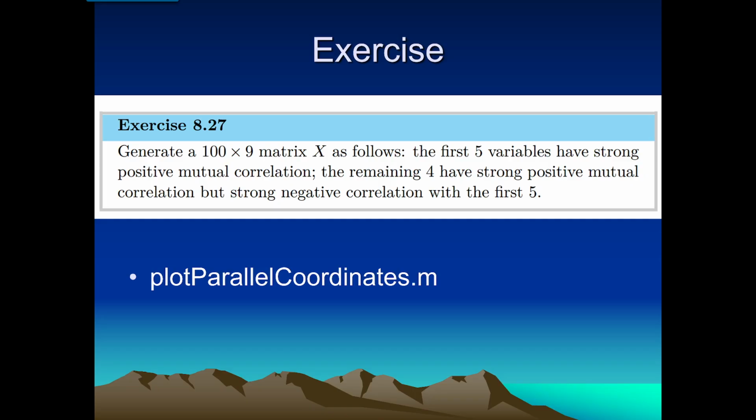Now we have to generate the data in such a way that the first 5 variables have a strong positive mutual correlation. The remaining 4 have strong positive mutual correlation among each other, but are strongly negatively correlated with the first 5. So it is clear: first 5, positive correlation. From variable 6 to 9, positive correlation among them, but variables 6 to 9 must have an inverse correlation with the first 5.